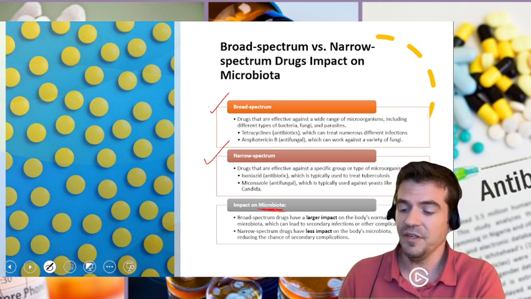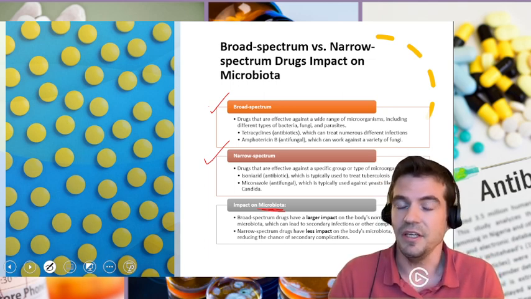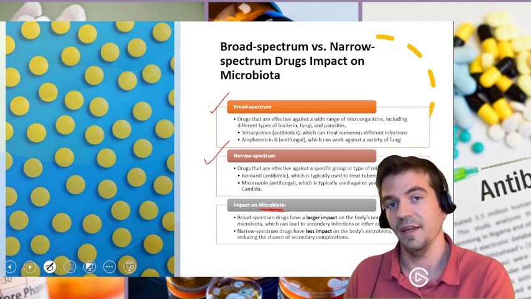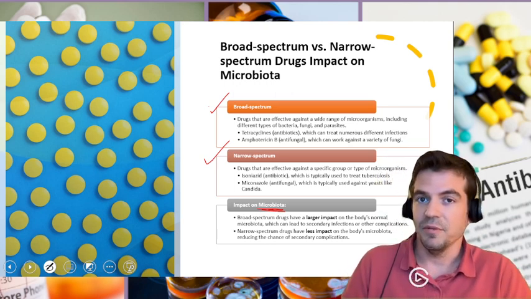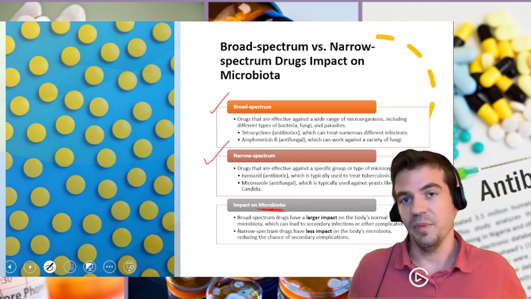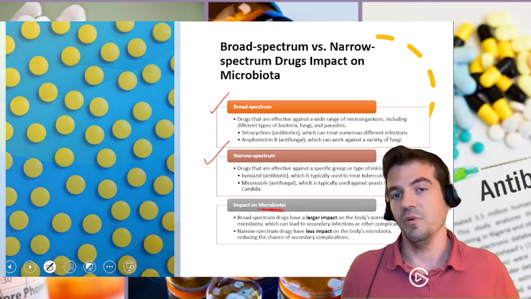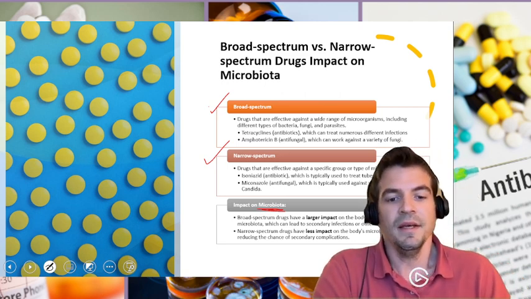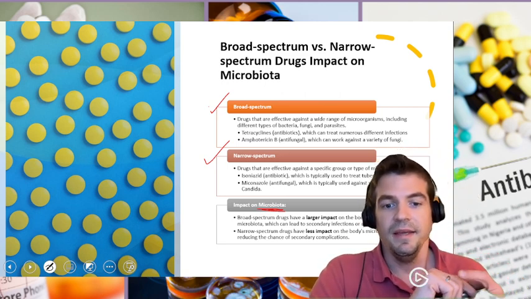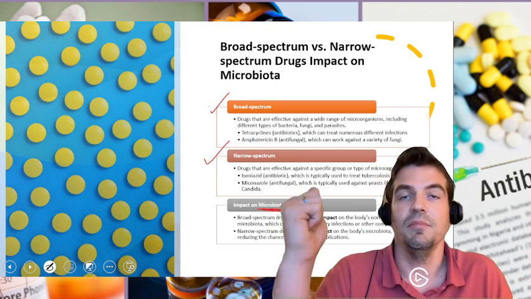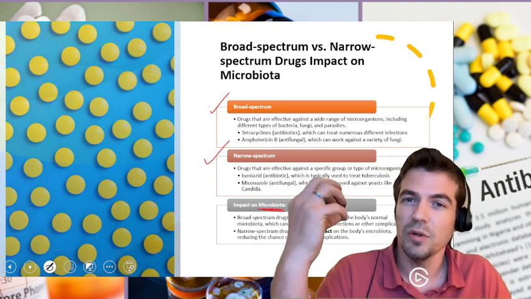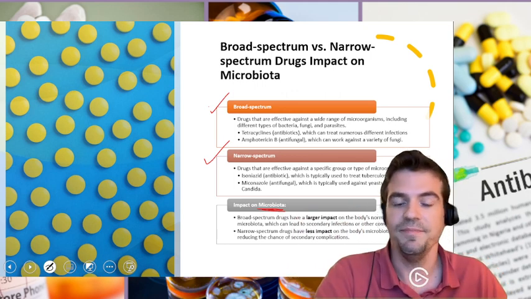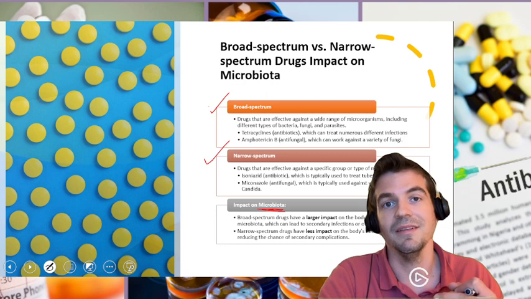And these aren't to be confused with antifungals and antibacterials, whereas antifungals work on fungi, antibacterials work on bacteria. Those could still be broad spectrum in and of themselves and have a broad spectrum version and a narrow spectrum version of those. Okay, so at the end of the day on our biota, the broad spectrum has a more impactful case on our microbiota, and the narrow spectrum has a less impactful view.